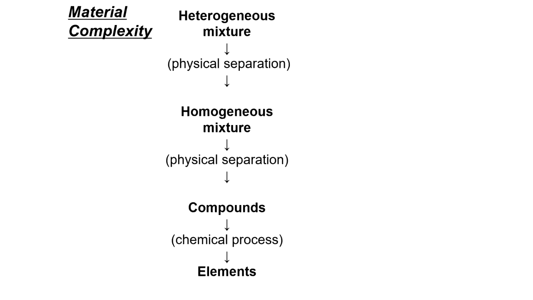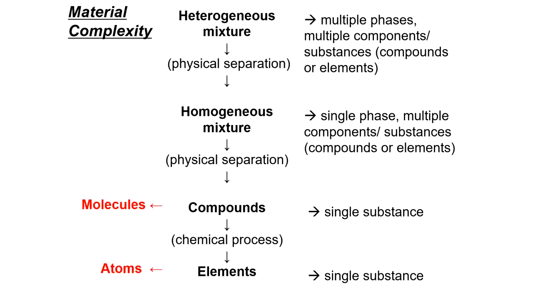So as we go back to our material complexity, we recognize that when we have an element, there is a smallest amount of element that we can have that will still retain its properties. And that's what we call an atom. If you have an element and you cut it in half, you still have two uniform pieces and they both have the same properties.